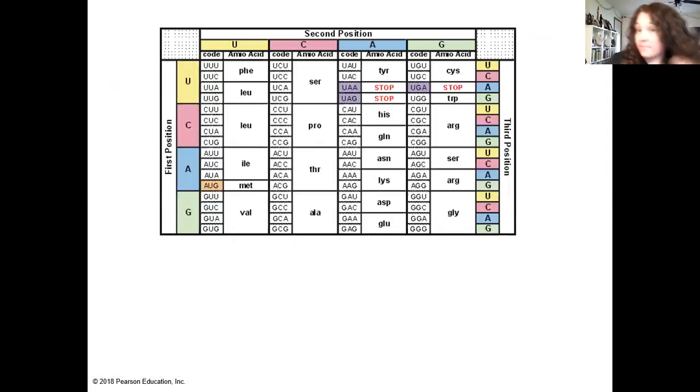This table is called the genetic code, as I have already told you, and it dictates how codons are translated into amino acids. Nearly all organisms use an identical genetic code to convert the mRNA codons transcribed from a gene into the amino acid sequence of a polypeptide. So here you have all the possible combinations of A's, C's, G's, and U's in groups of 3.